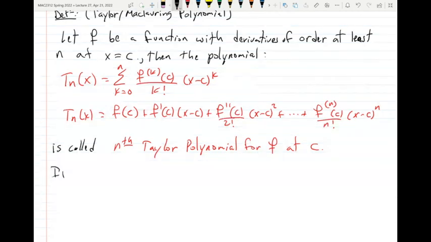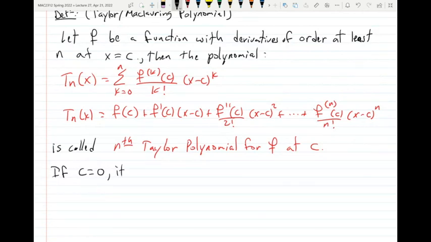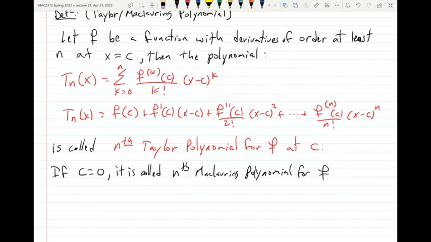So if c is equal to 0, as usual, then it is called the nth Maclaurin polynomial for f. So again, whenever you see the word Maclaurin, that just means Taylor with c equals 0. Okay? That's the easier way to remember.